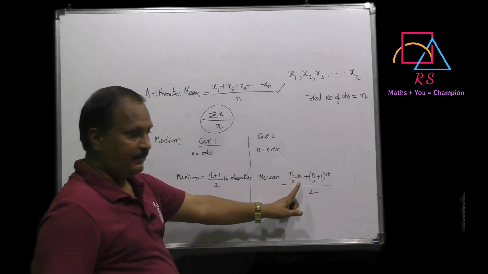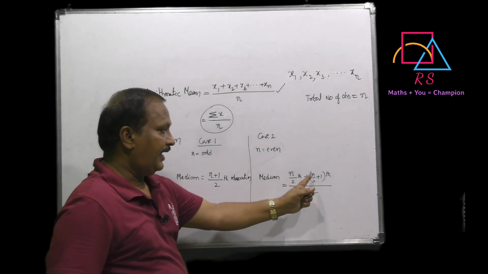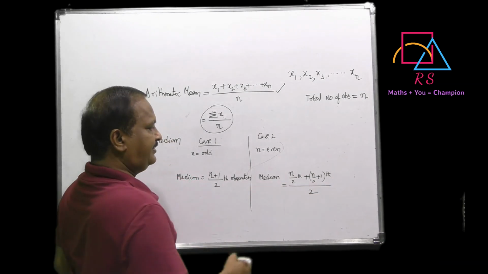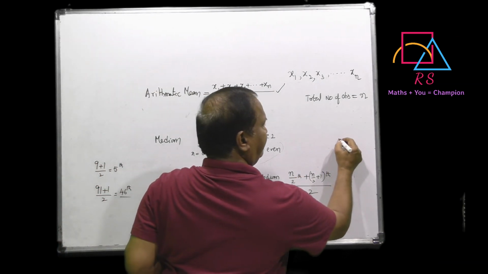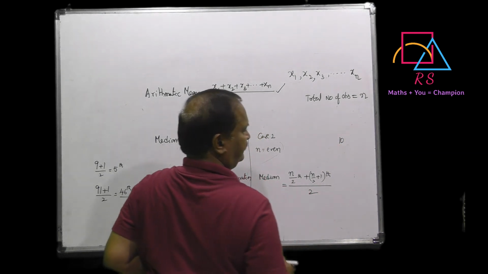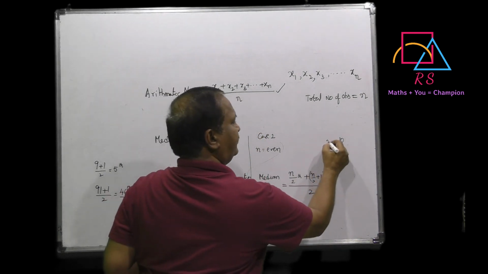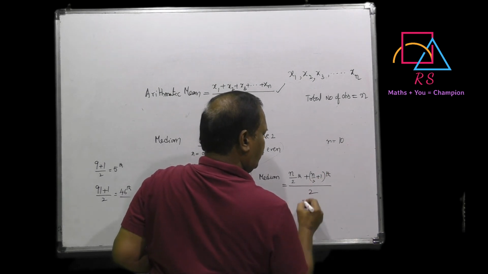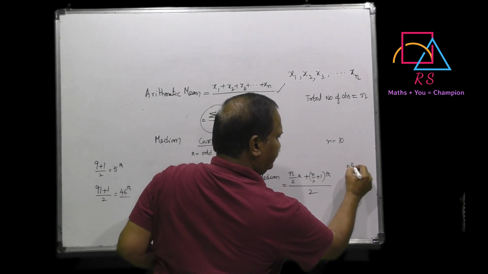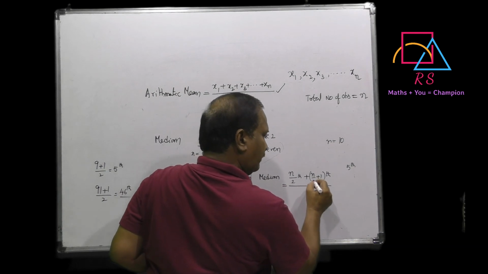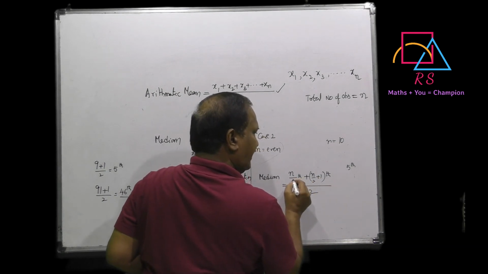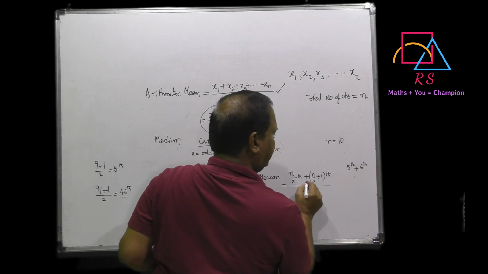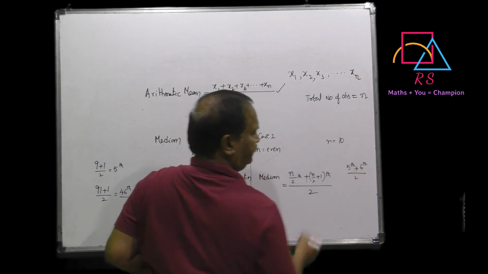That is, the n by 2 th value and the n by 2 plus 1 th value. I will give you an example here. Even, for example, n is equal to 10. So then what happens? 10 by 2, fifth value, plus n by 2 plus 1, that means 5 plus 1, sixth value, and divided by 2.